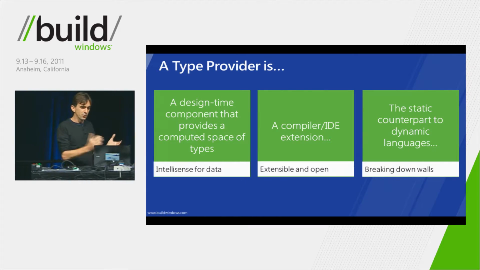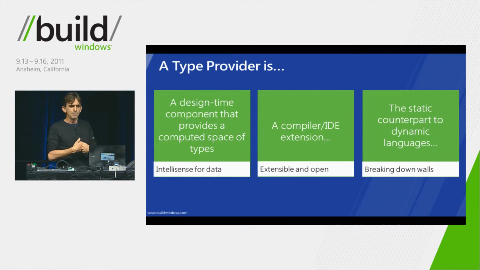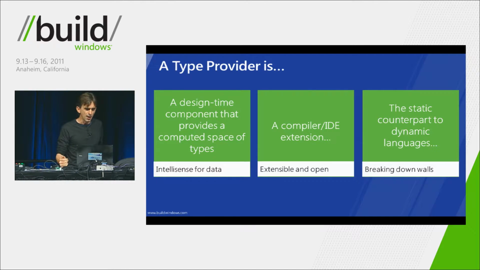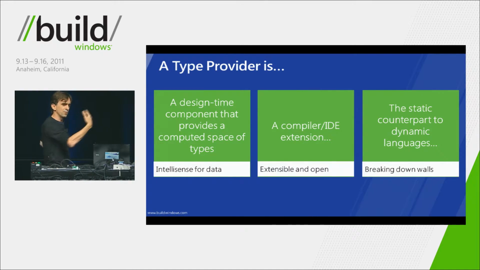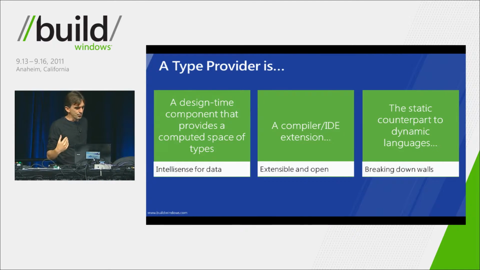So it's an extension to the compiler. It provides libraries on demand. Another way to put it: a design-time component that provides a computed space of types and methods, which gives you IntelliSense for these information spaces. It's completely extensible and open.